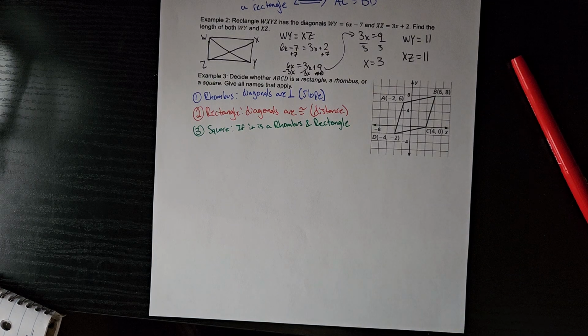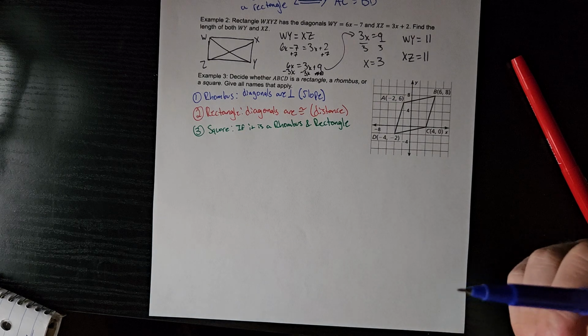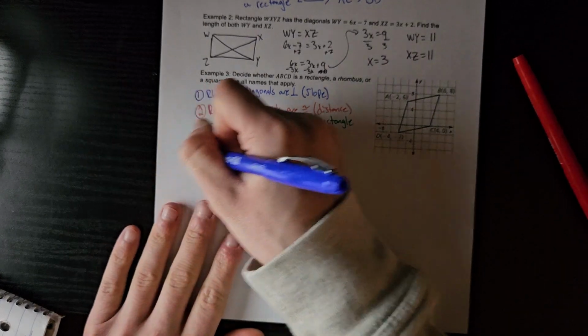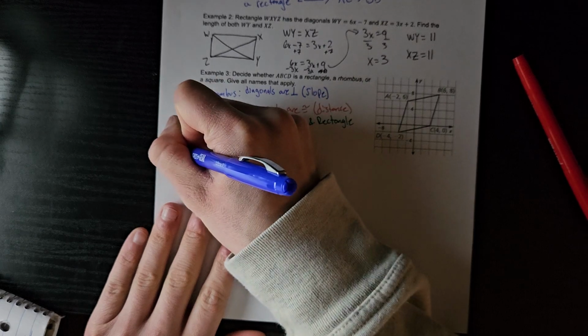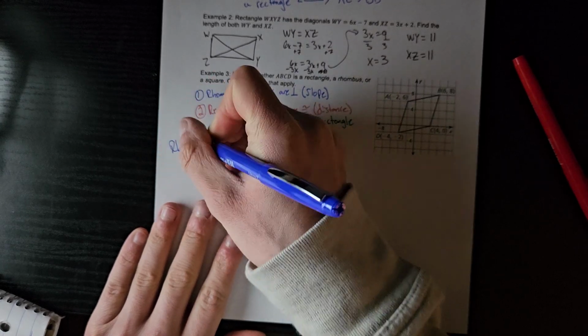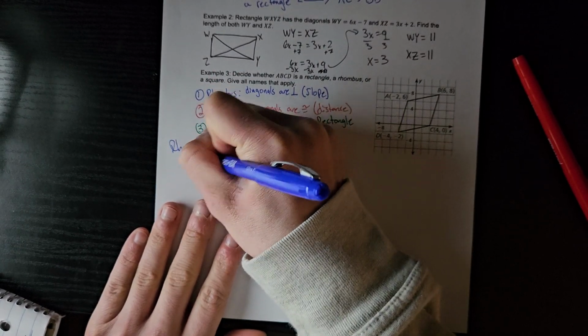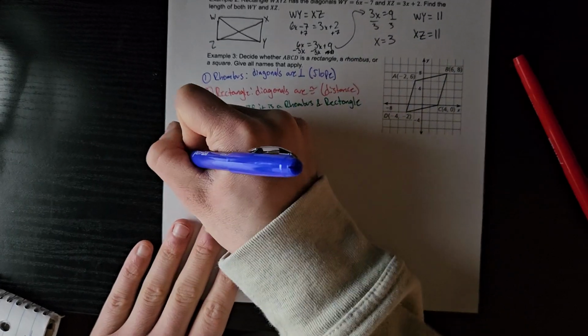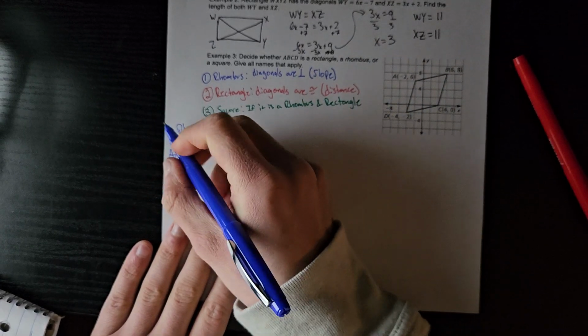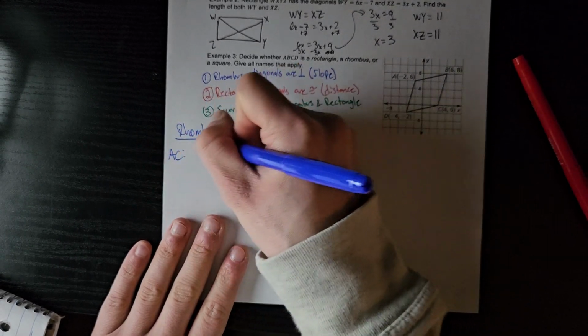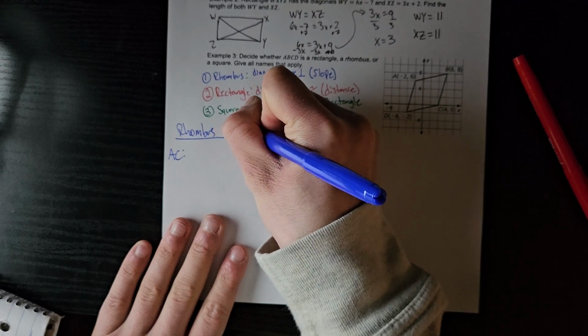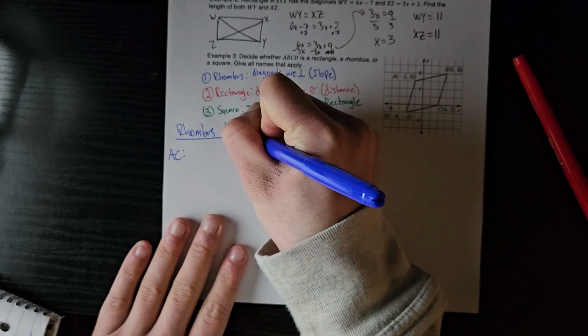You could count the slope if you wanted. I am not going to count the slope. I want to do the math. So I'm going to write rhombus and do my work under it. We're going to find the slope of AC. And remember, slope is y2 minus y1 over x2 minus x1.